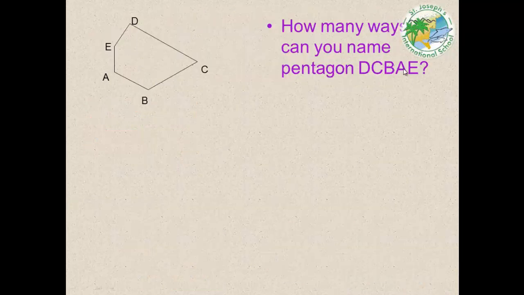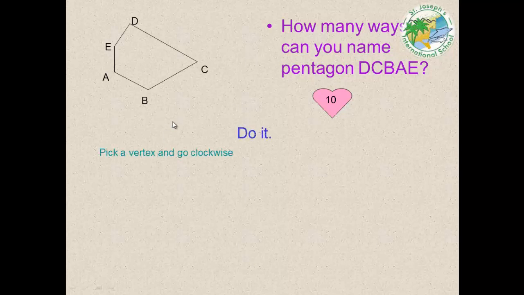Then how many ways can you name the pentagon? D, C, B, A, E. 10. Do it. Pick a vertex and go clockwise. Pick a vertex and go counterclockwise.